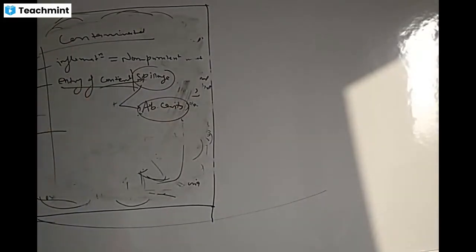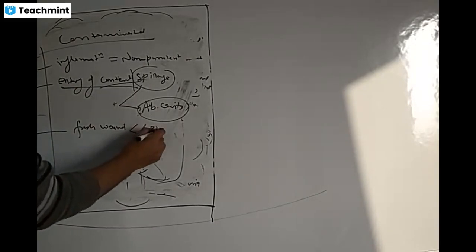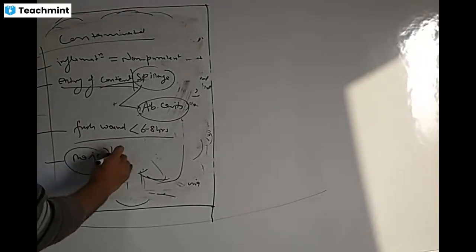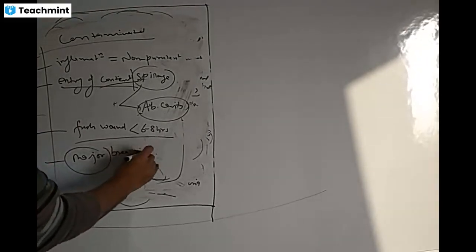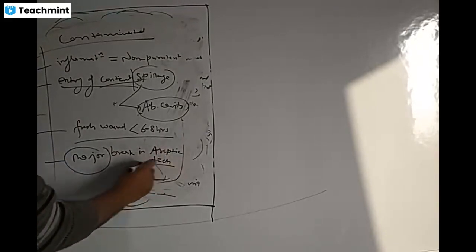In contaminated surgery, there may be some fresh wounds which are less than 6 to 8 hours old. They are also called contaminated wounds. The reason for this kind of surgery is a major break in your aseptic technique.